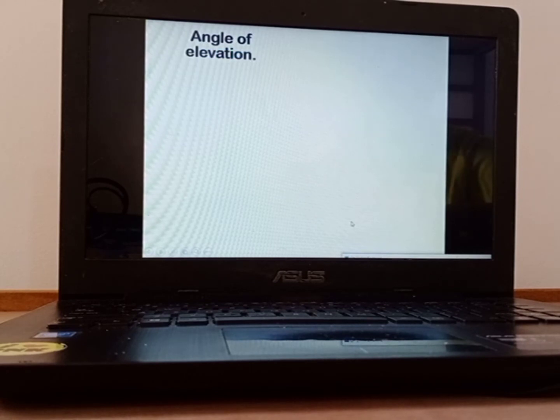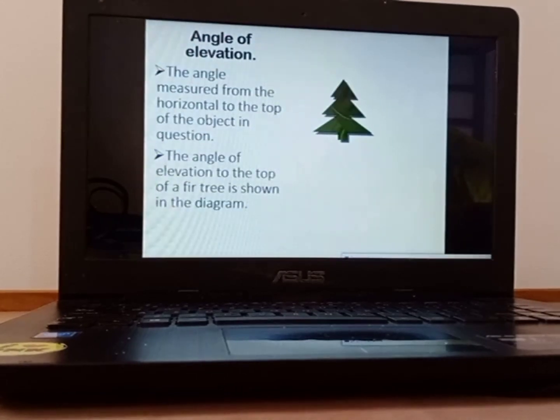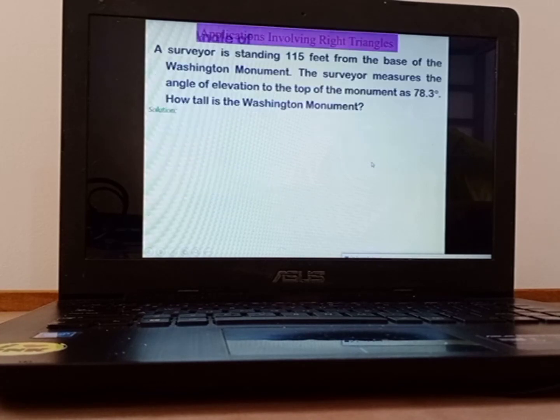So let's have the application of our right triangle. First, we have the angle of elevation. The angle of elevation is the angle measured from the horizontal to the top of the object in question. The angle of elevation to the top of a fir tree is shown in the diagram. So when we say angle of elevation, you will have to measure from the horizontal. Here we have a diagram.